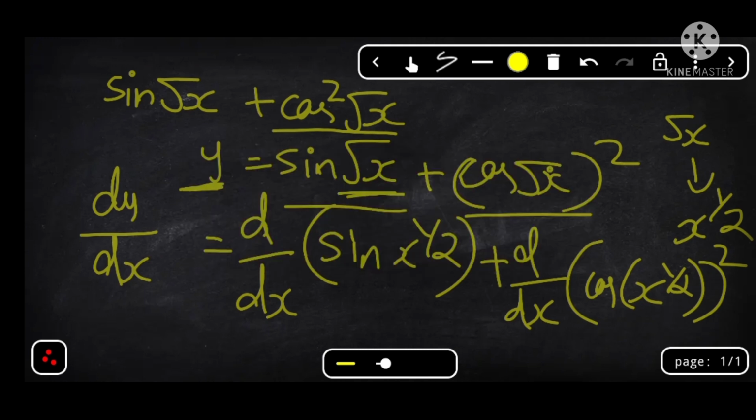So here, first of all we'll differentiate sine. Let's see what we will get. First we will differentiate sine with respect to sine, then we will differentiate with respect to x raised to 1 by 2, like that.